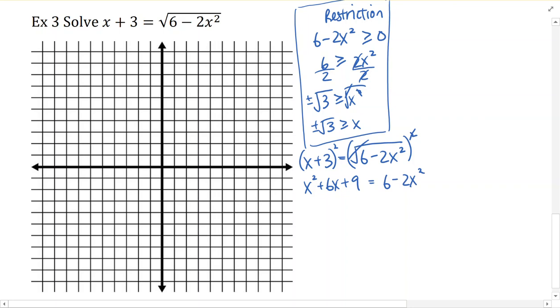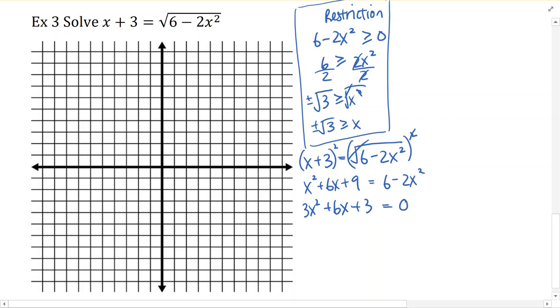Again, we're just going to move everything to one side and solve the quadratic. When you add 2x squared on both sides, we'll have 3x squared plus 6x, and if you subtract 6 on both sides, plus 3 equals 0.